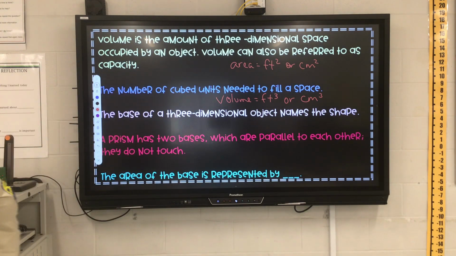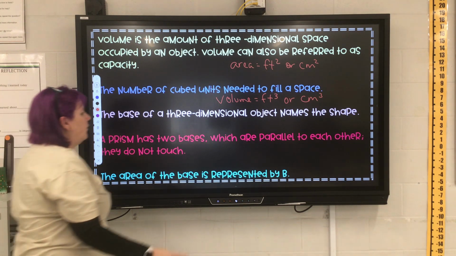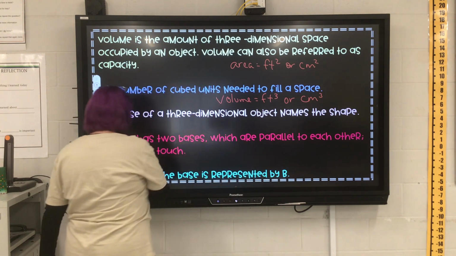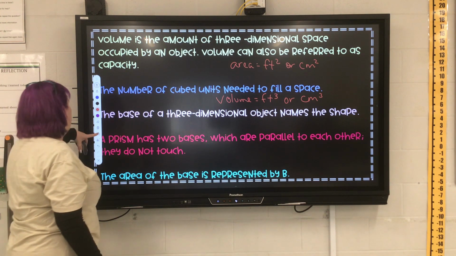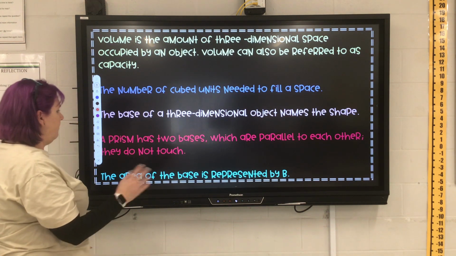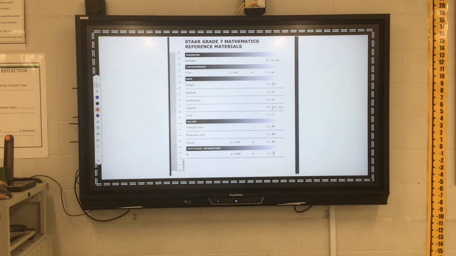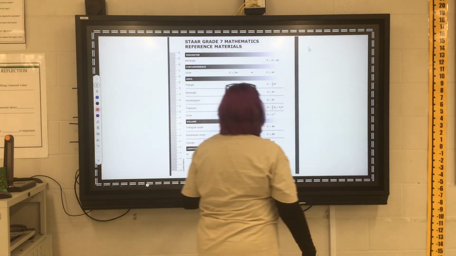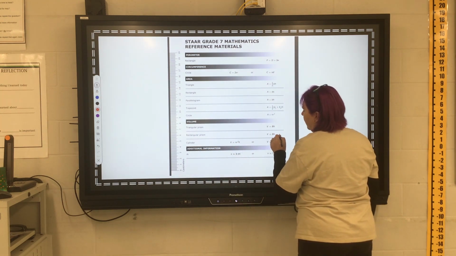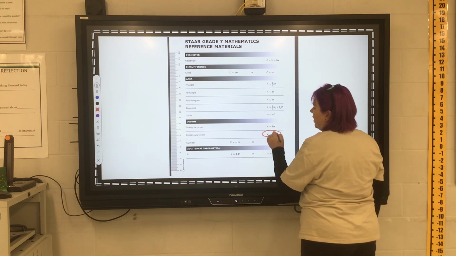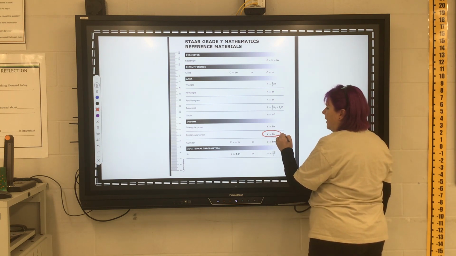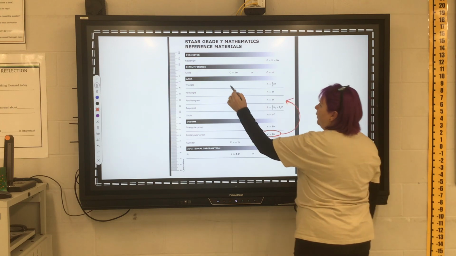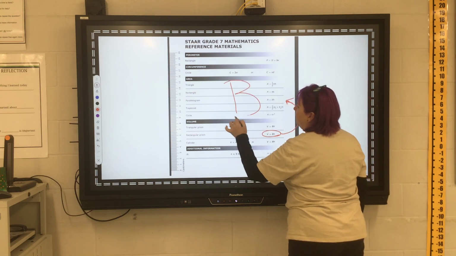And the area of the base is represented by a great big B. Okay. So a capital B is the area of the base. Okay, that's what's different in volume, is we've added a great big B. Okay, on our formula chart, when we're doing prisms, our volume formula for prisms is capital B times H. Okay, that capital B stands for area of the base.